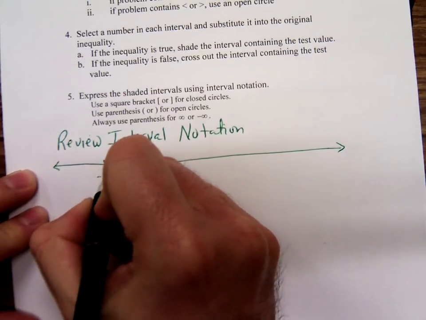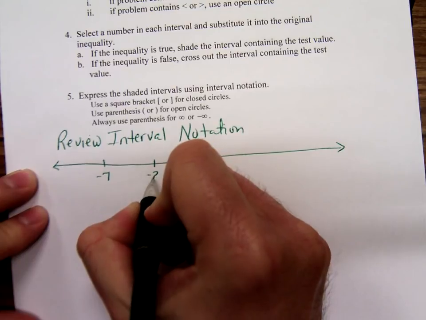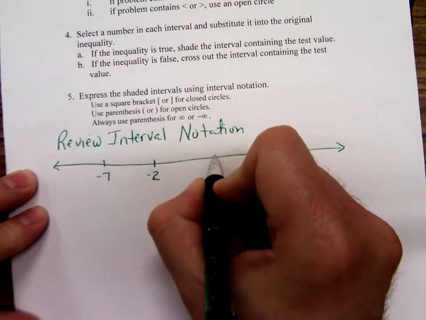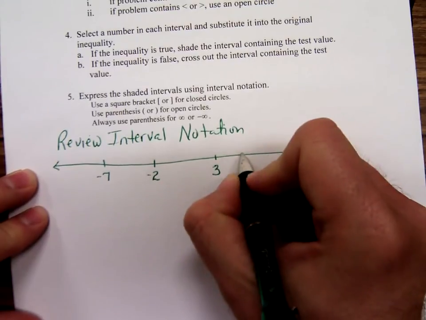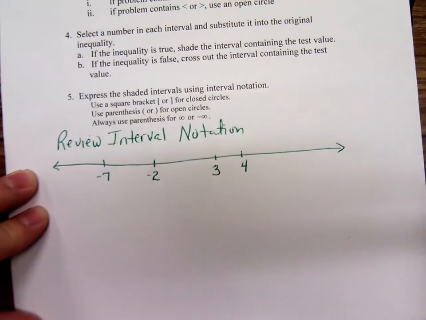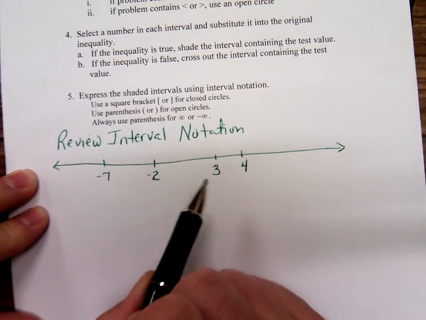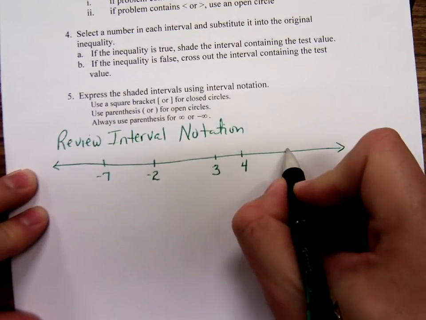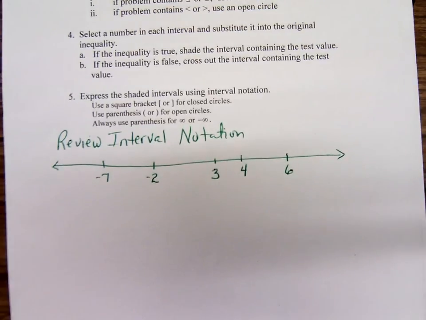A negative 7, a negative 2, a positive 3, 4, and a 6. So I'm just drawing a number line and labeling some numbers.